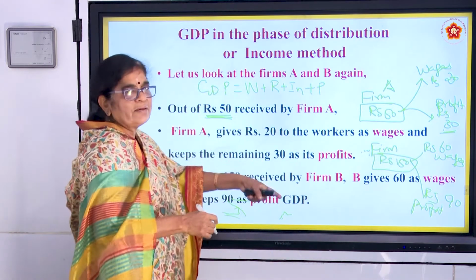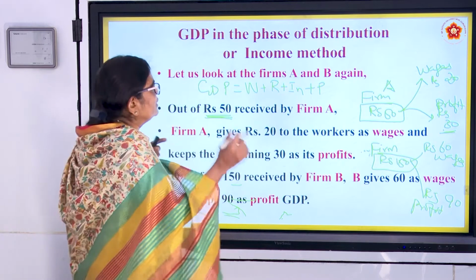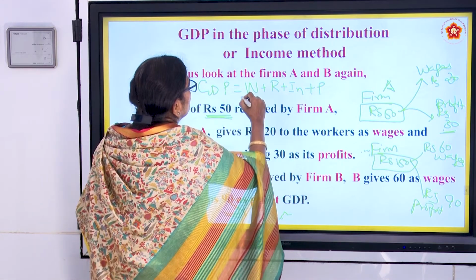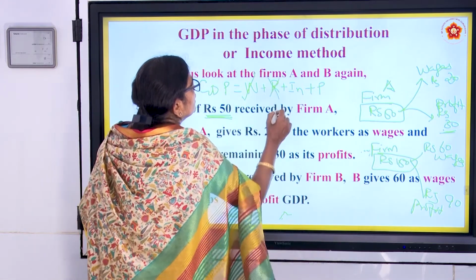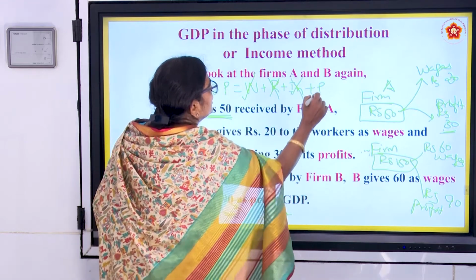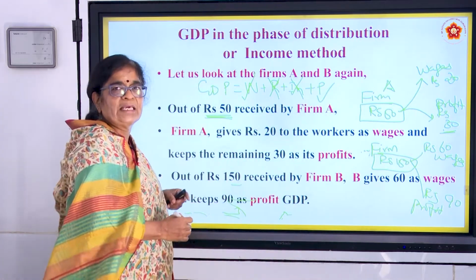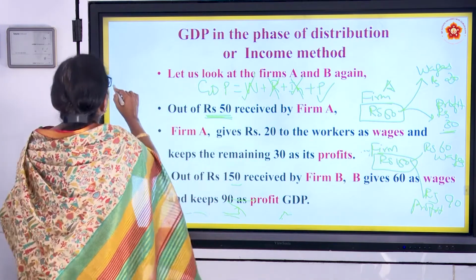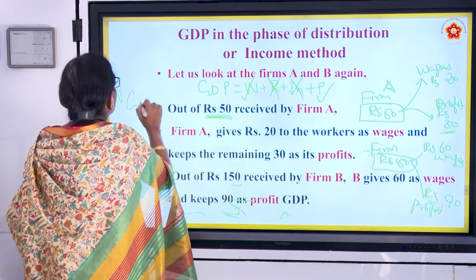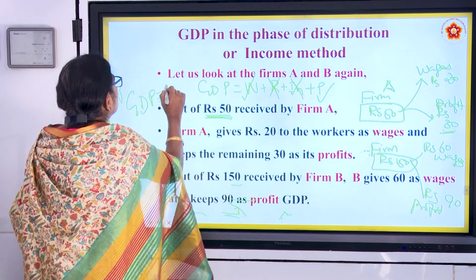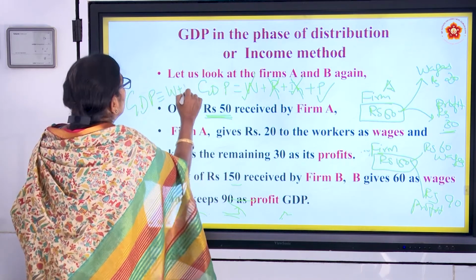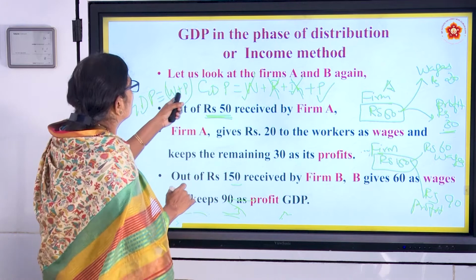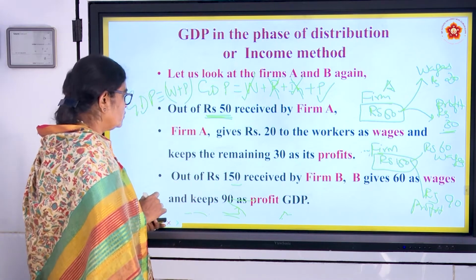In this economy, with firm A and firm B, there are only wages, no rent and no interest, only W plus P. It's a simple economy, just an example. Therefore, our GDP here we can calculate by W plus P. Only these two things we have to consider. Therefore, I hope you understood.